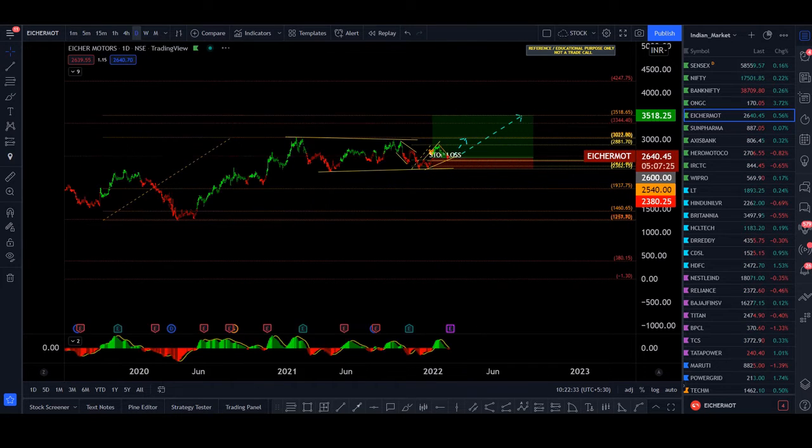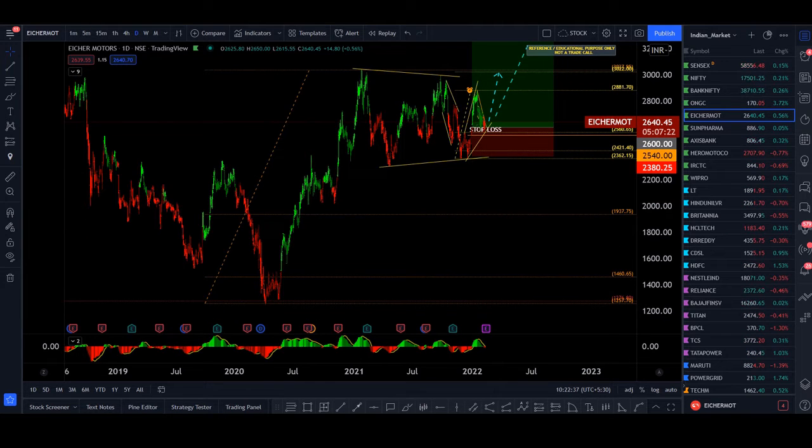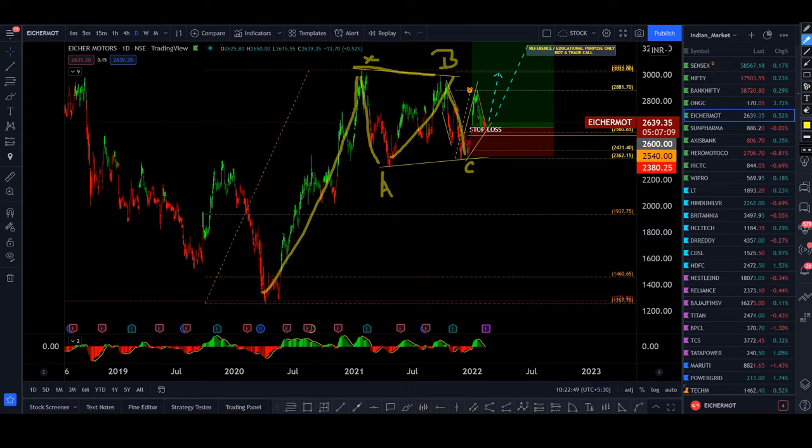If we go back to the daily graph, you can see an impulse followed by a correction, A wave followed by B, then C. This B didn't break X and C didn't break A, so this wave is called a contracting pattern.